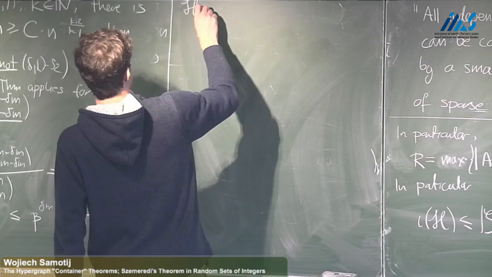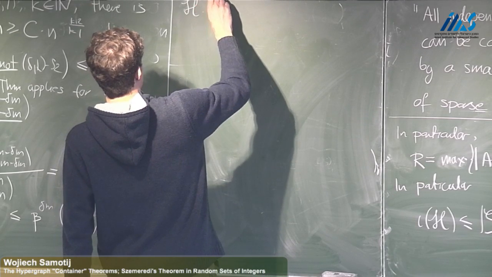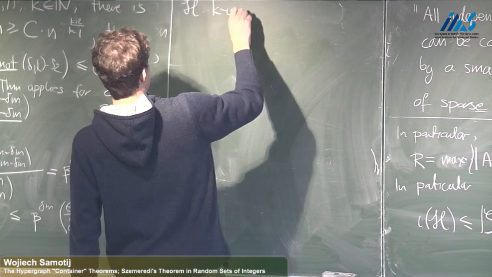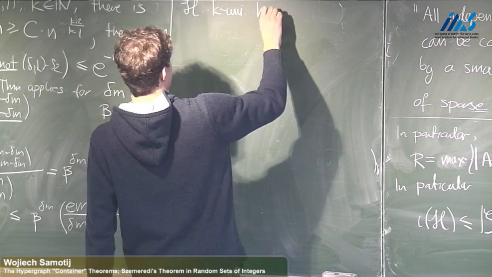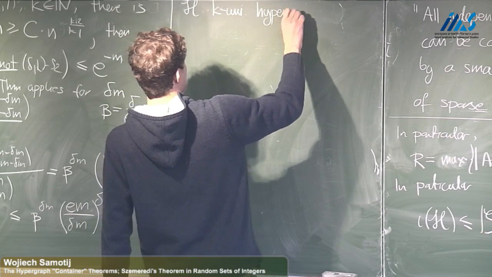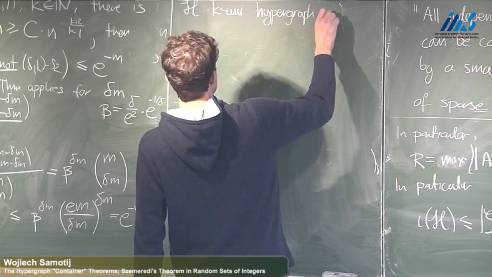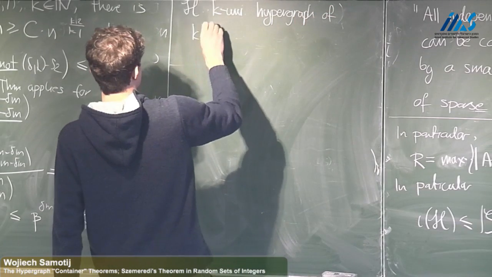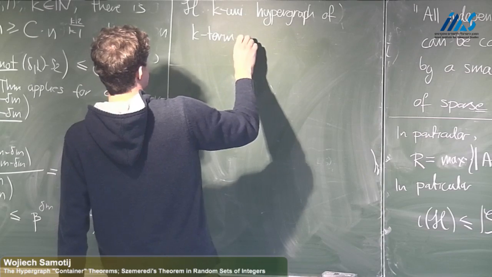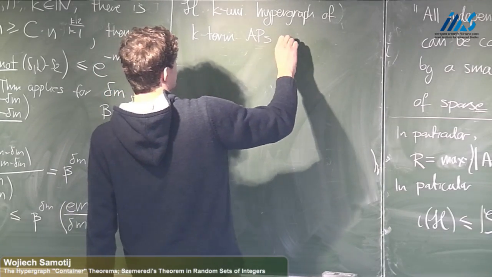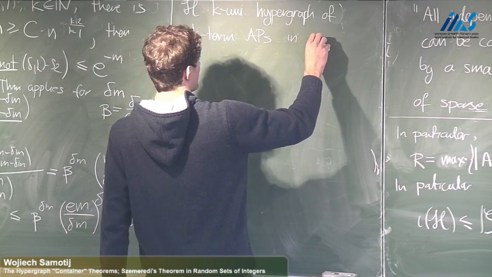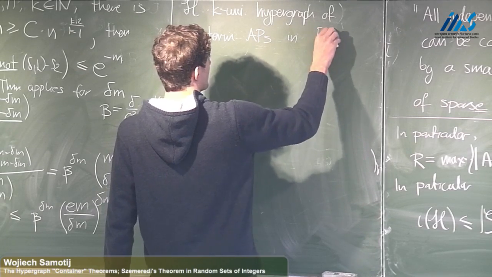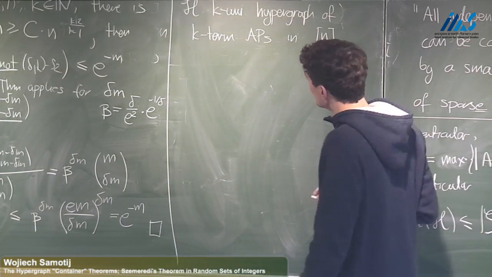So let H be the k-uniform hypergraph of k-term APs in the set 1 through n.